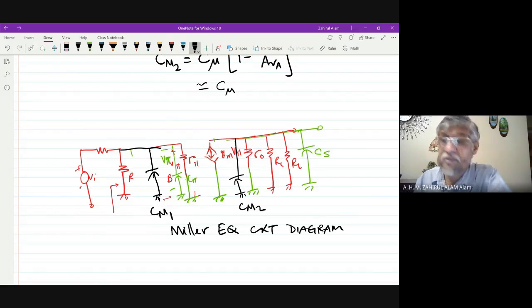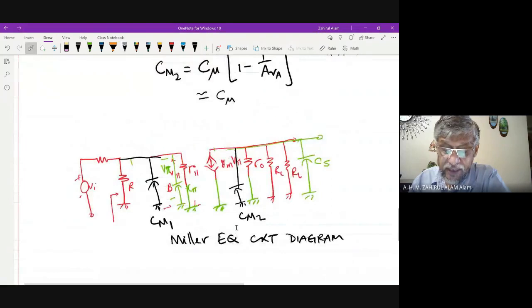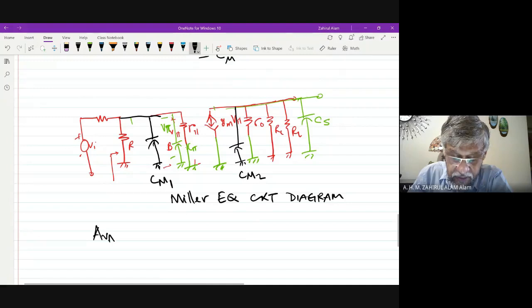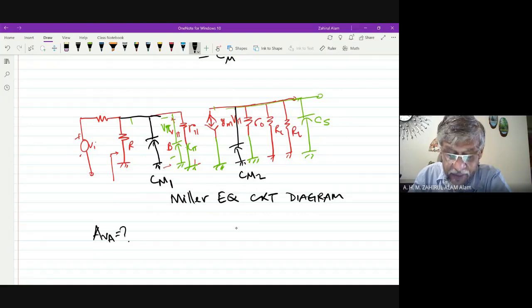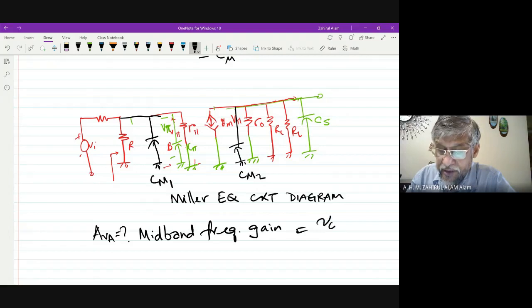So now we need to find AVA. What is AVA? AVA is the mid-band frequency gain, when there is no capacitance, and is equal to V naught over VB.